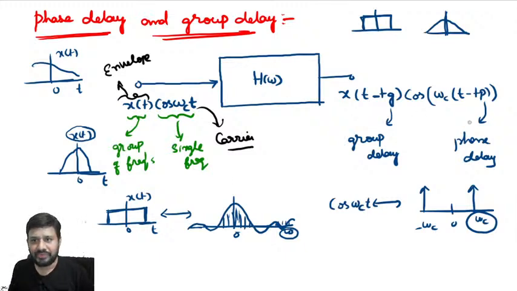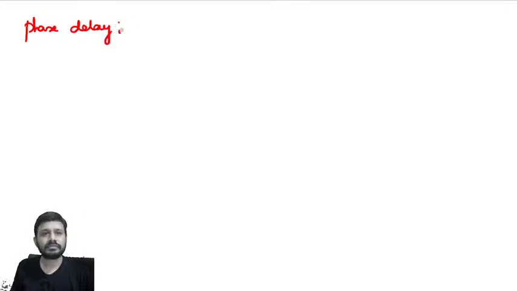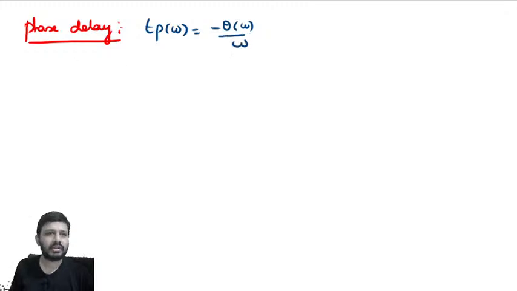So group delay, phase delay. Now there are expressions for group delay and phase delay. If you remember those expressions, you can solve the problems. Phase delay Tp of omega is denoted by minus theta of omega by omega. That's it.